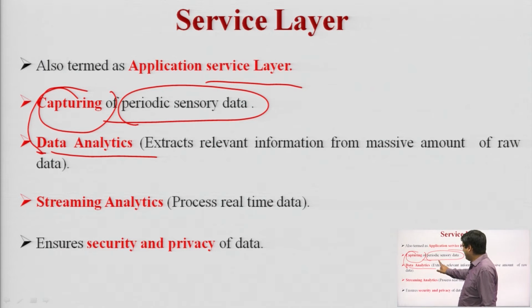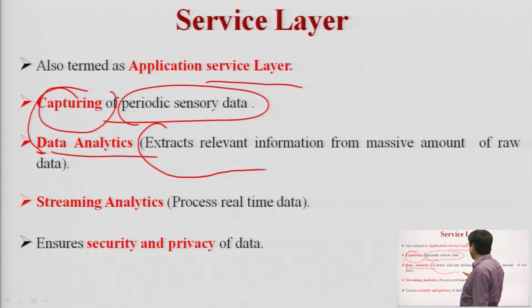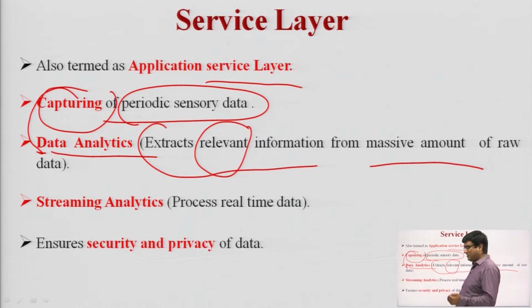In data analytics, we can extract useful information from a massive amount of raw data, because the data collected from the sensors is a large amount of raw data. We can extract relevant information that can be used in our IoT system by using data analytics. That is the finding of the relevant, important data.